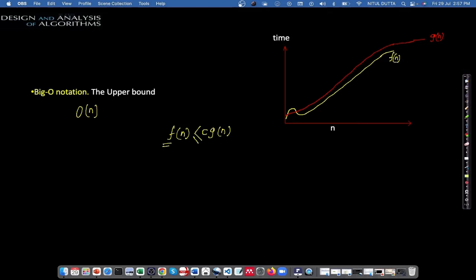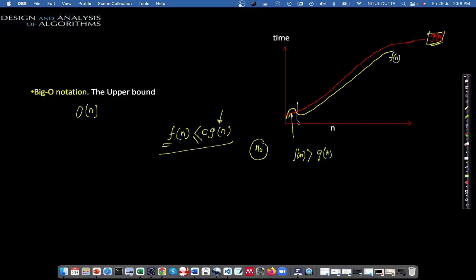If we can find some function g(n) that satisfies this condition, along with the fact that there is a certain value n naught, then looking at the graphs, at this point f(n) is bigger than g(n).